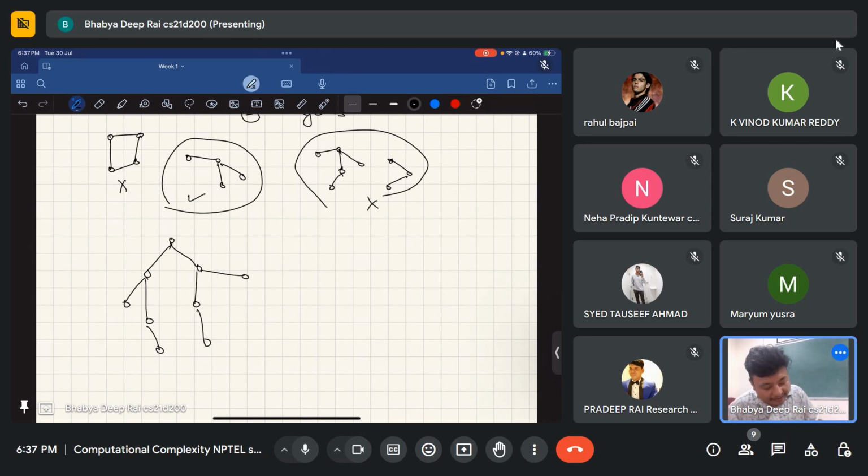You start from any vertex and start doing DFS. You go to the deepest level, then come back, then go to the deepest level, then come back, and then you encounter that you have reached a previous node without backtracking.